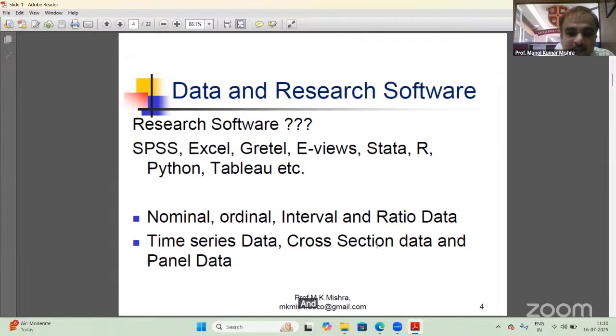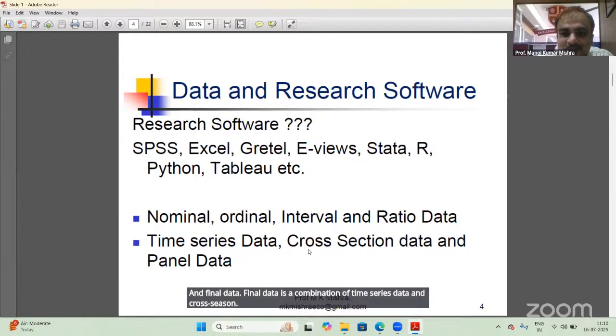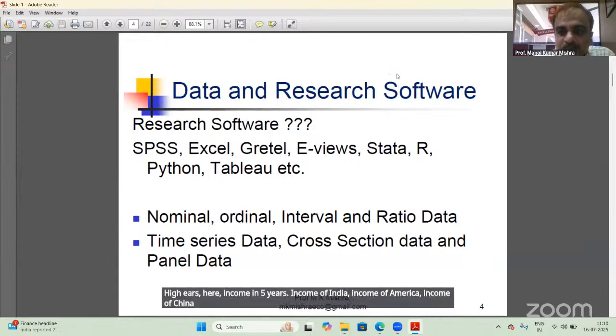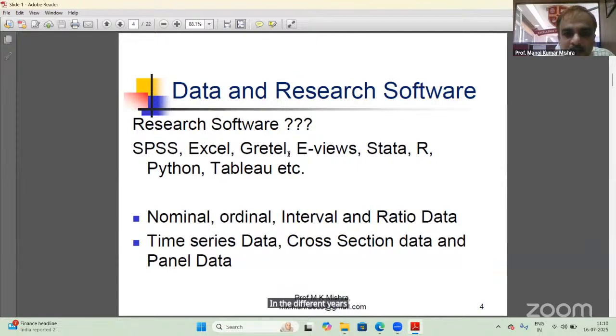And then panel data. Panel data is a combination of time series data and cross-section data. Suppose we have taken 5 years: consumption over 5 years, income over 5 years, income of India, income of America, income of China, per capita income. We write the income of America, China and India in different years.